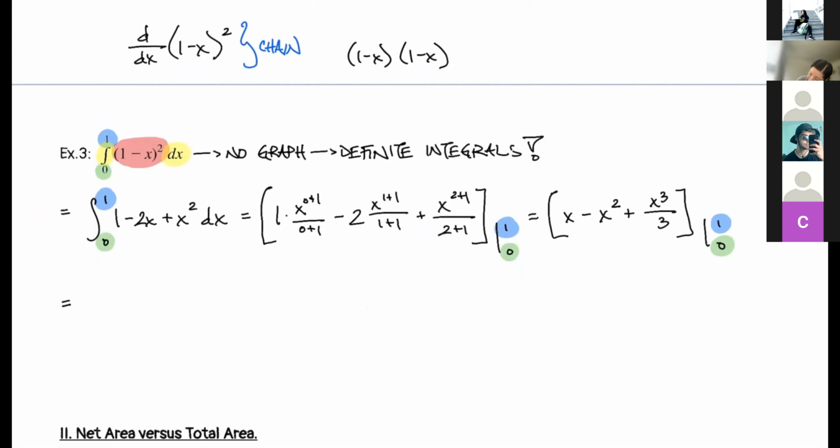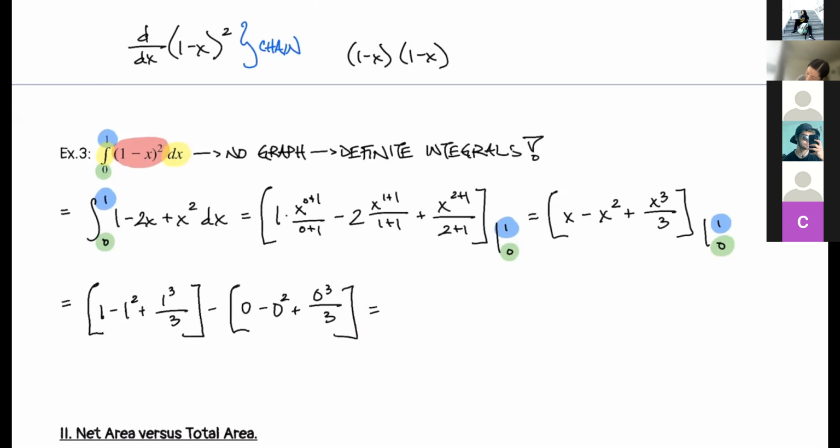Let's see what we get. 1 minus 1 squared plus 1 cubed over 3, minus 0 minus 0 squared plus 0 cubed over 3. And so all of these are from plugging in the bottom number, and all of these come from plugging in the top number. And let's see, we get 1 minus 1 plus 1/3 minus 0. And so we get 1/3 as our area.